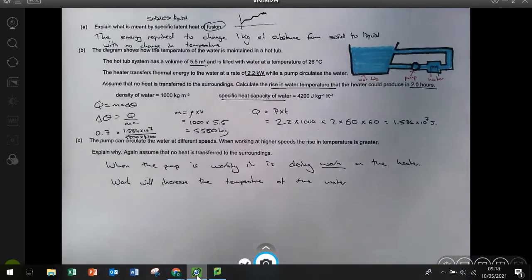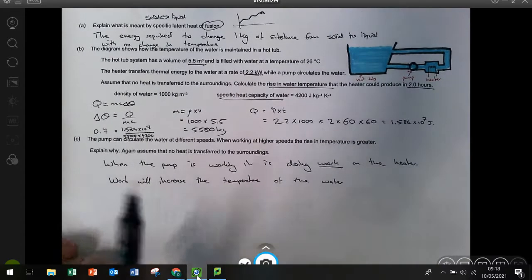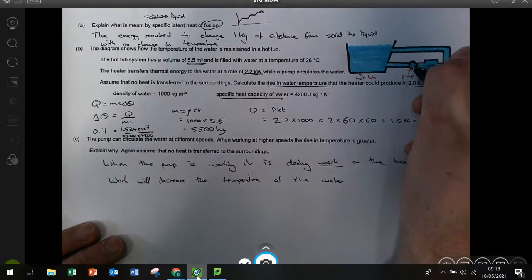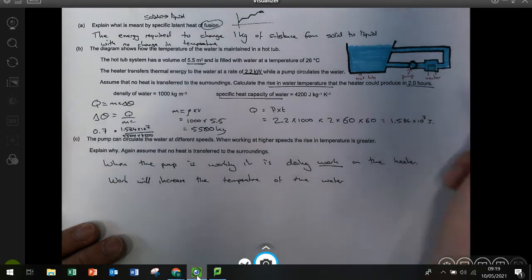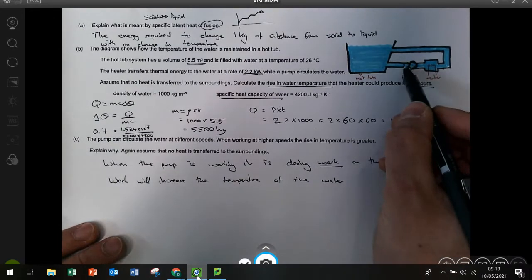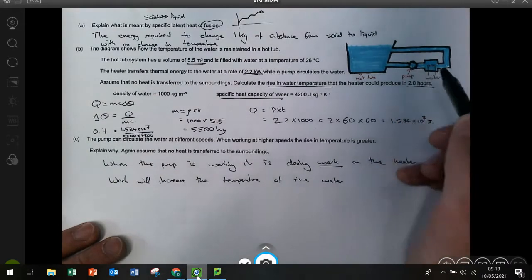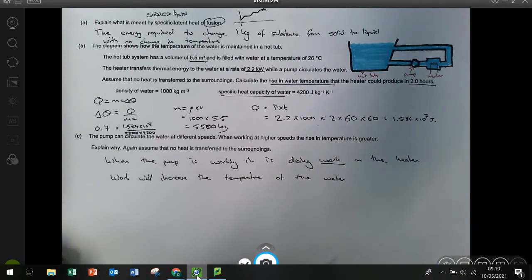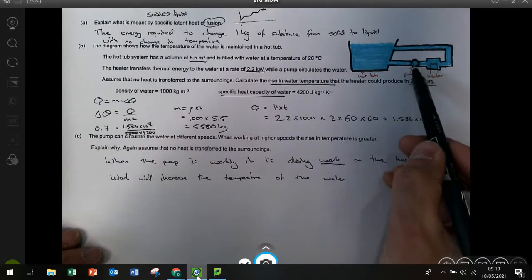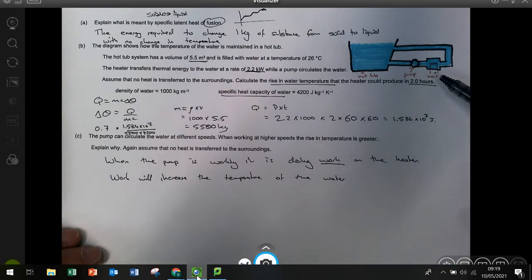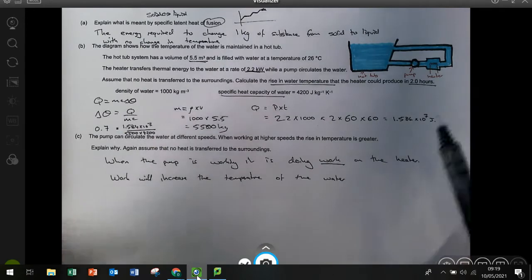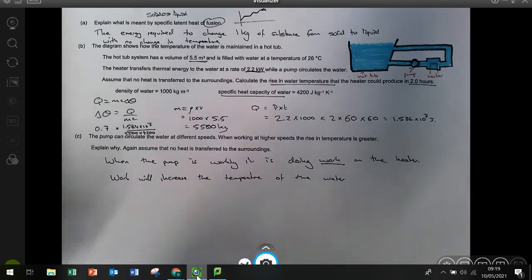I guess in simple terms, what you could think of is, when the pump is working, it's actually making the water move faster. It's making the water collide with itself. And so we're actually increasing the internal energy of the water because we are giving the water molecules more kinetic energy on average. And obviously, temperature and kinetic energy are related to each other.